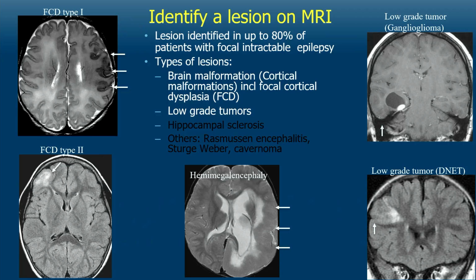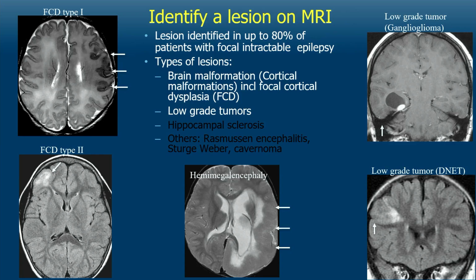A lesion can be identified in up to 80% of patients with focal intractable epilepsy. Having said that, the percentages do vary across institutions. Centers that do a lot of epilepsy surgery usually have a higher pickup rate of a lesion on MRI compared to centers that do less epilepsy surgery.